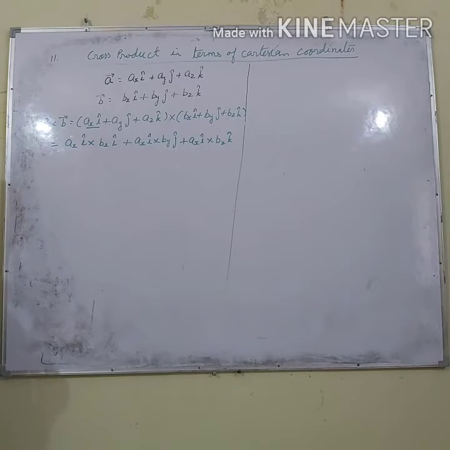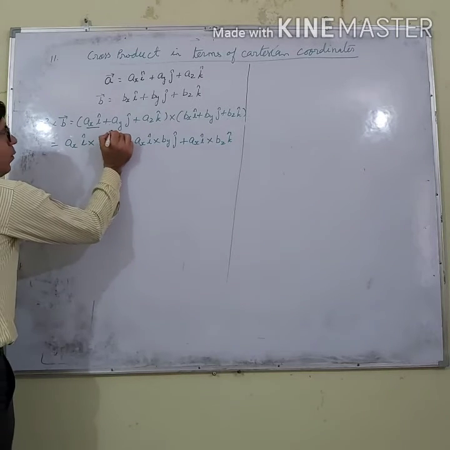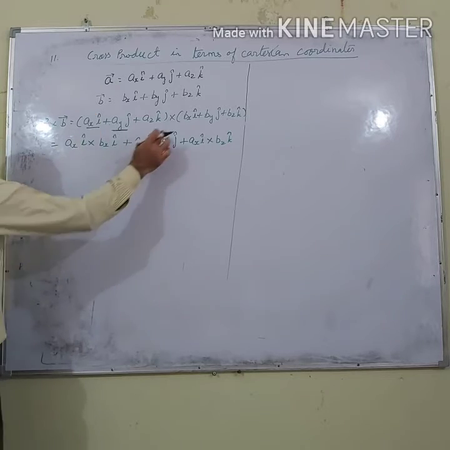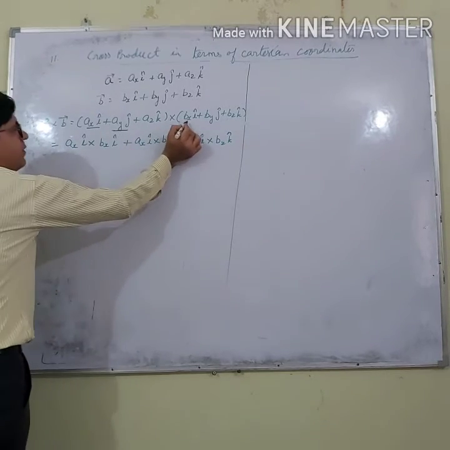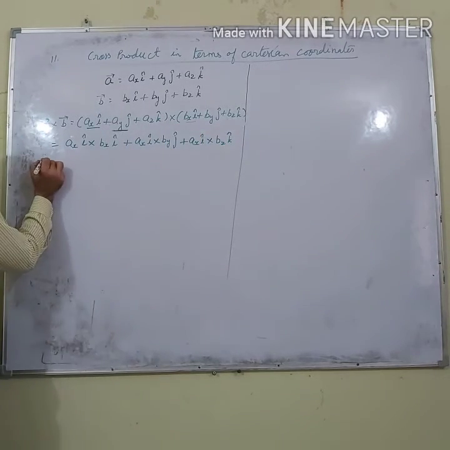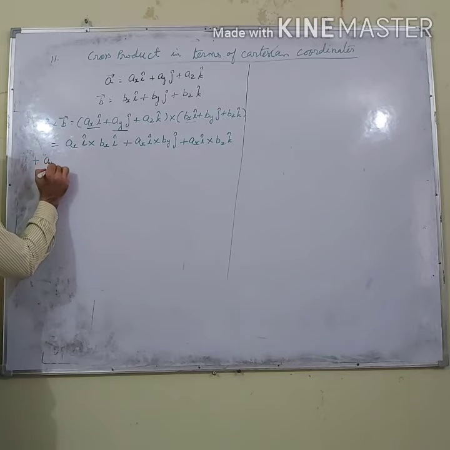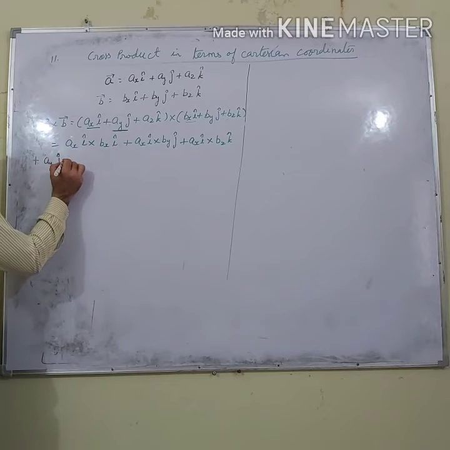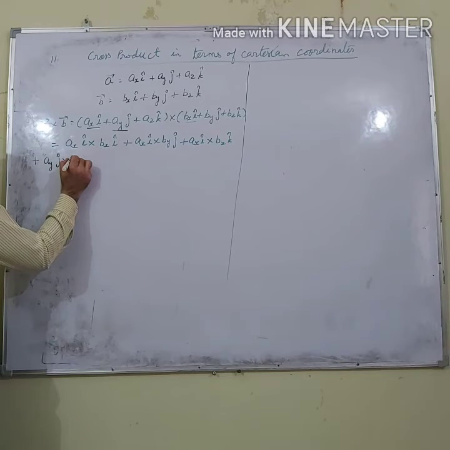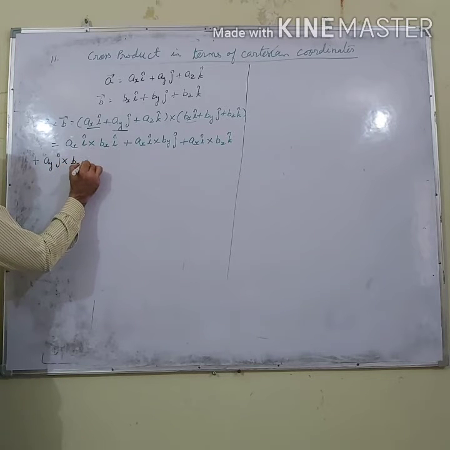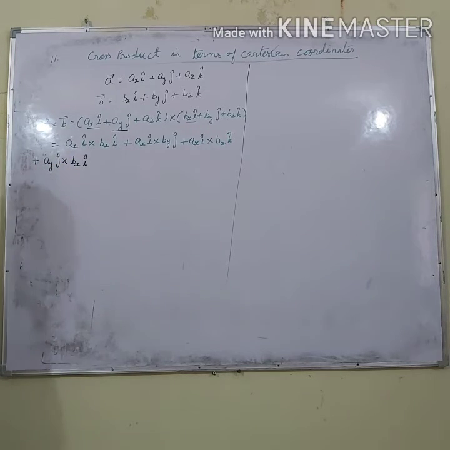Now after this I will do A_y j cap with the whole vector. So first I am going to multiply with this: plus A_y j cap cross B_x i cap, right?